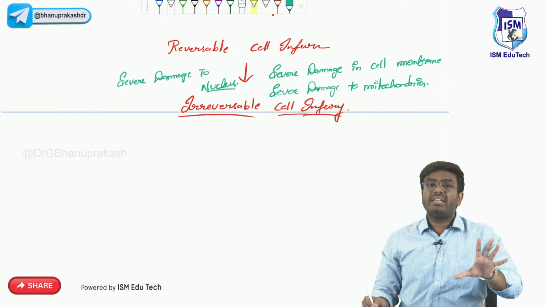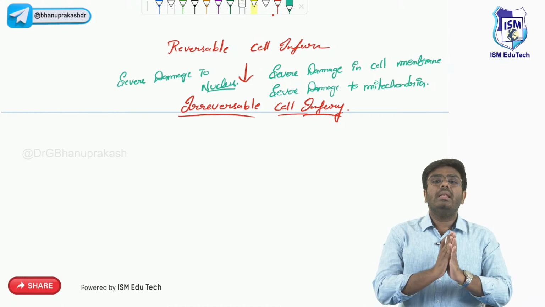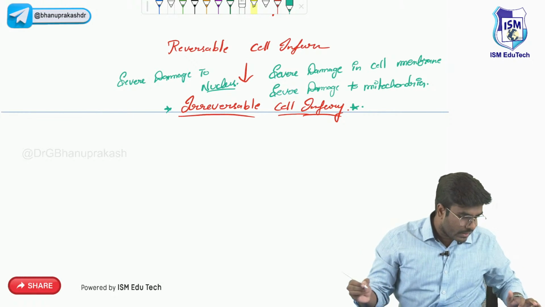Not just clumping of chromatin, but severe damage to the nucleus like pycnosis, karyorrhexis. Now the cell is no longer repaired. Now the cell will go into irreversible cell injury, sir.